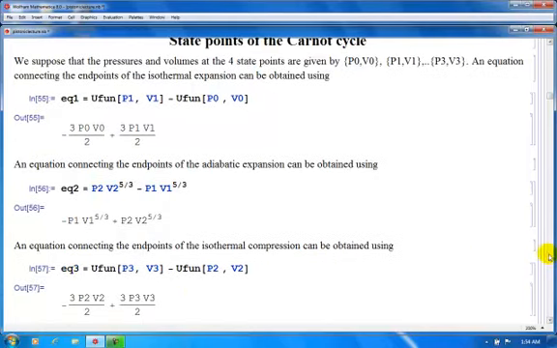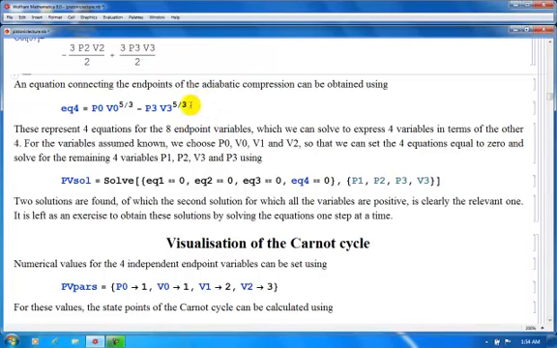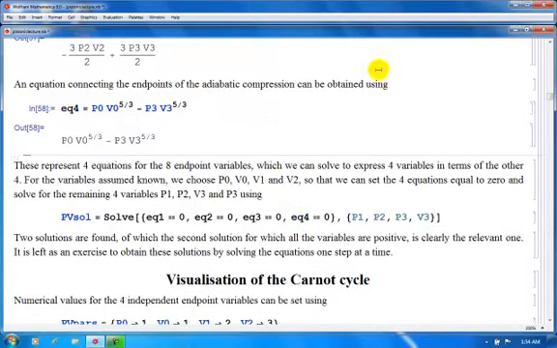And finally, our fourth equation is that P0 V0 to the 5/3, in the adiabatic compression, is equal to the value at the end of the isothermal compression. Well, we've got 4 equations and 8 unknowns.